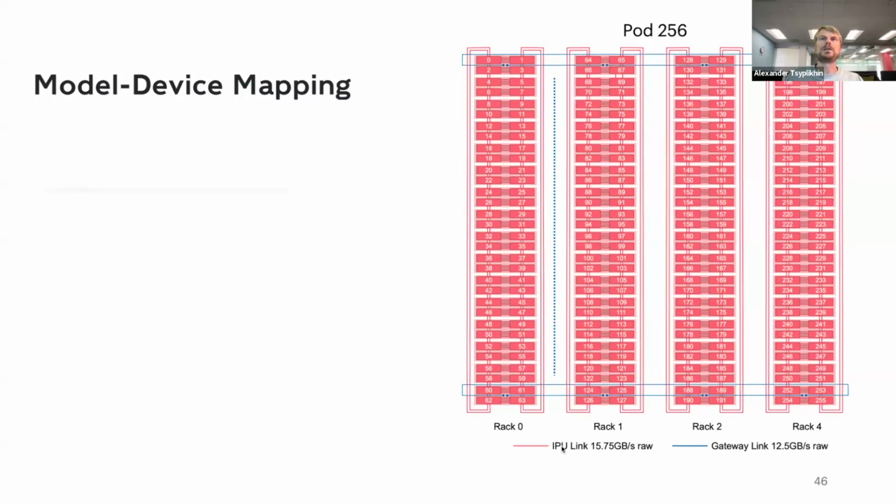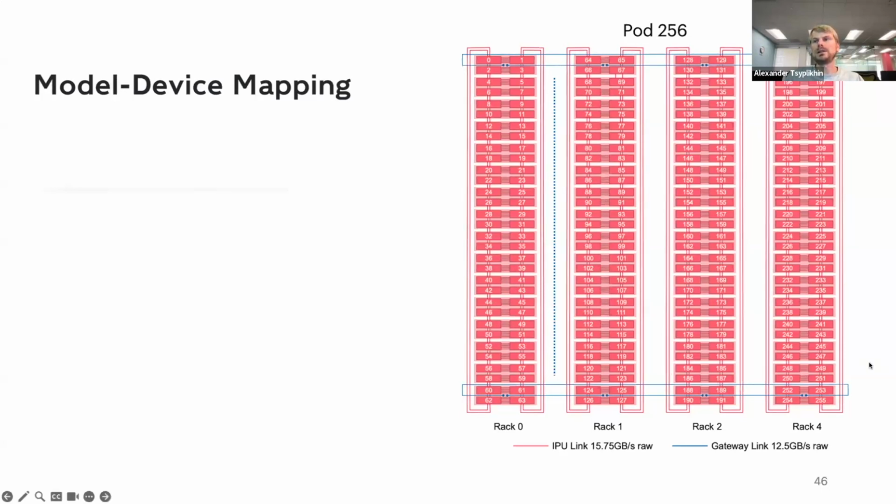And given the bandwidths of the connections of the IPU links and gateway links across the pod, we decided that the best configuration will be to put a replica of the model inside the rack, because within the replica is where all the collective communications are happening during the backwards and forward pass, most of it at least.